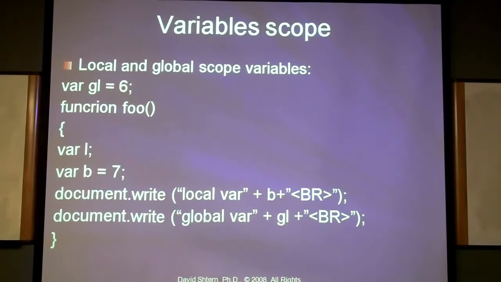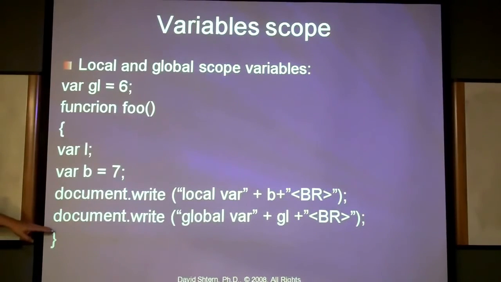I also have another variable which is declared outside of the block. In this case, the variable is GL, and its value is 6. JavaScript executes the statements from the top to the bottom. Now it enters this block, and these variables are instantiated, or created, and then something happens here. Don't pay attention to that, just ignore it.